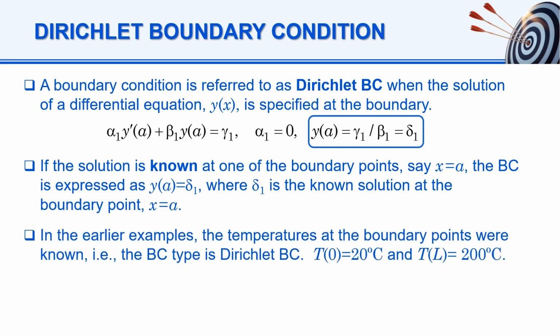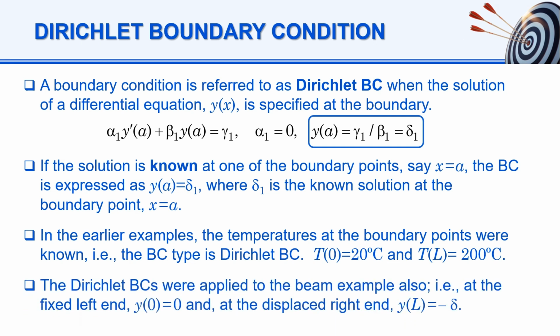In the earlier examples, the temperatures at the boundary points were known, i.e., the boundary condition type is Dirichlet boundary condition, T(0) is equal to 20 and T(L) equals 200 degrees. The Dirichlet boundary conditions were applied to the beam example also, i.e., at the fixed left end, y(0) is equal to 0 and, at the displaced right end, y(L) equals minus delta.